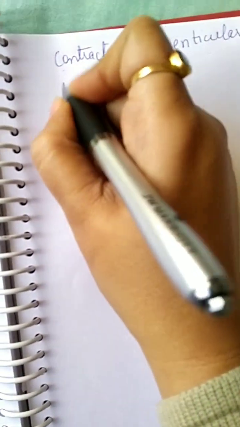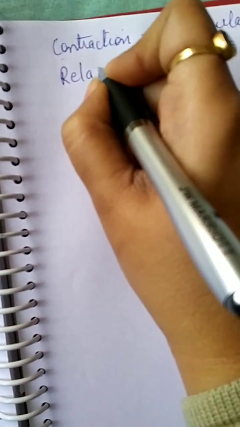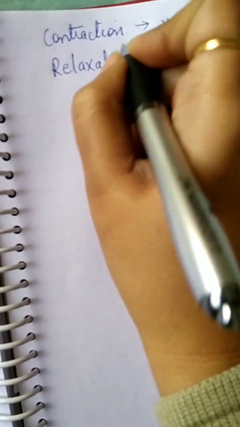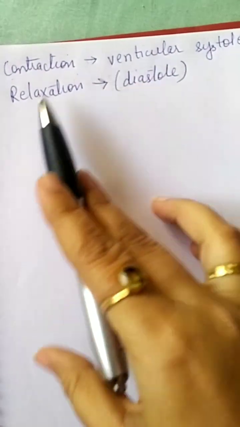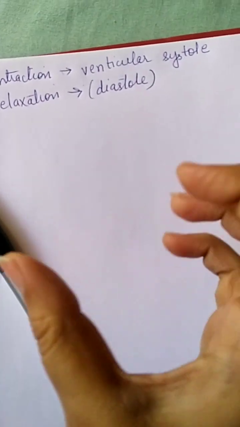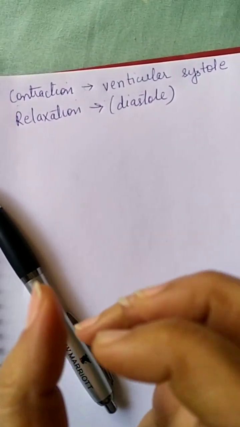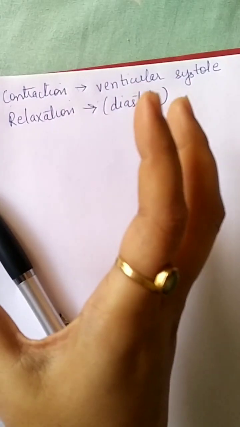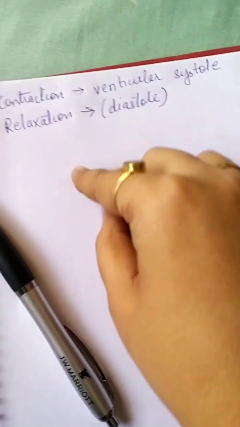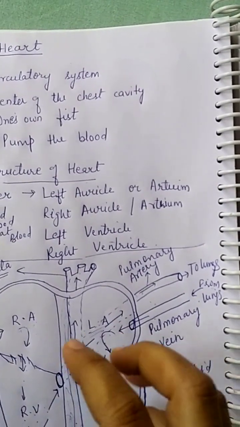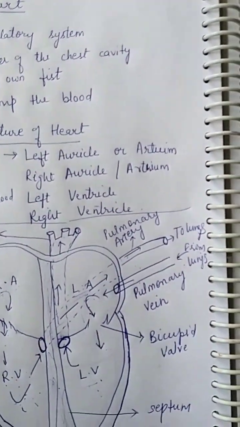So contraction is called systole, and relaxation is called diastole. When the ventricle muscles contract with a certain force to push the blood a longer distance, this is called systole, and at the same time the atrium relaxes, which is called diastole.